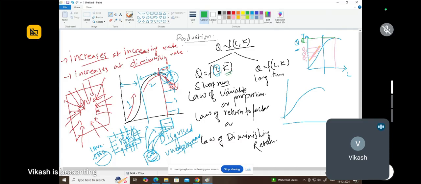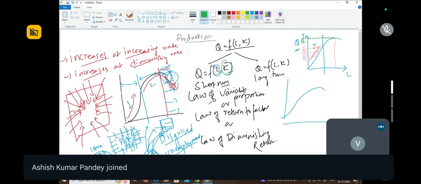Every entrepreneur wants to use K properly, efficiently and fully. If you work in stage 1, you are actually doing underutilization of K.